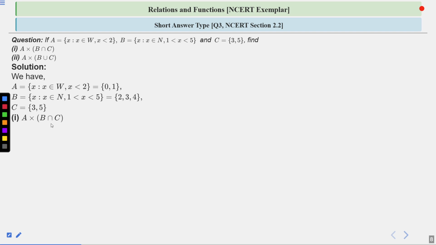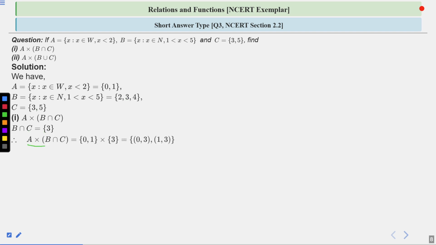Now first we have to solve this bracket, B intersection C. B intersection C is the collection of all elements which belong to both set B and C. So only one element, 3, belongs to both sets. So B intersection C will be a singleton set with element 3.